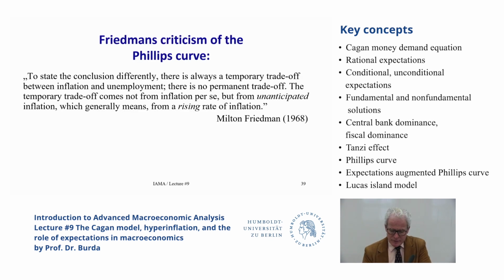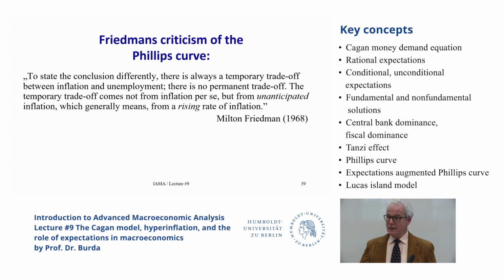And he made a very controversial address to the American Economic Association in 1967. He said basically this. He said, there is a temporary but not a permanent trade-off between inflation and unemployment. And there's no such thing as a permanent trade-off. So the notion of riding down the Phillips curve or riding up the Phillips curve, as Kennedy and Johnson did in the 1960s in the United States, and other countries, by the way, also.